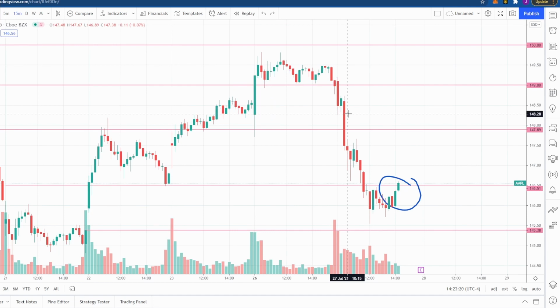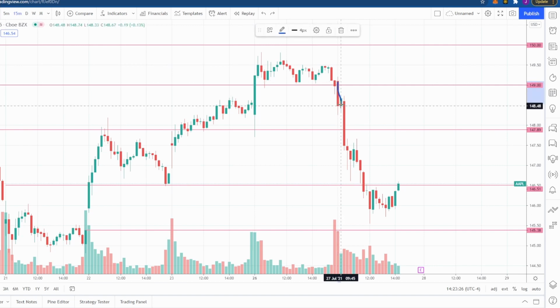What we have here at 9 o'clock, right off the open, in the first 15 minutes, is that we sold off 50 cents and almost closed that candle at the low. Now that we've been doing this strategy over and over again, we're seeing that it works. We're able to manage our risk properly.